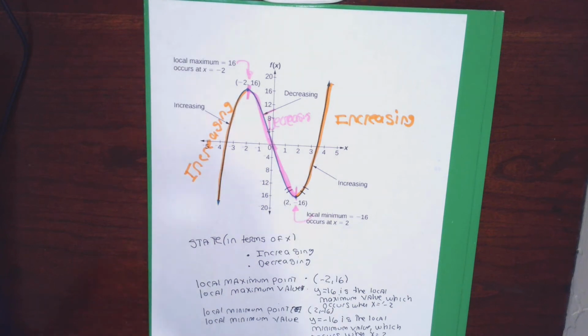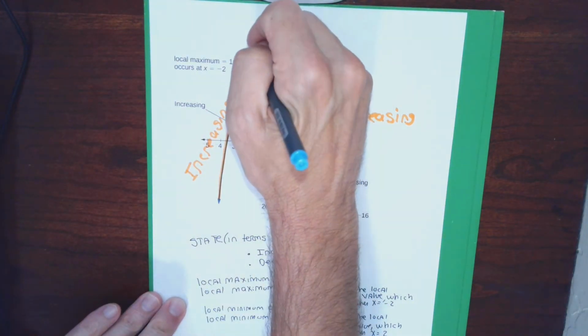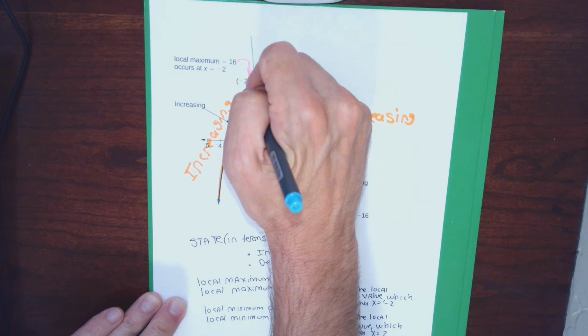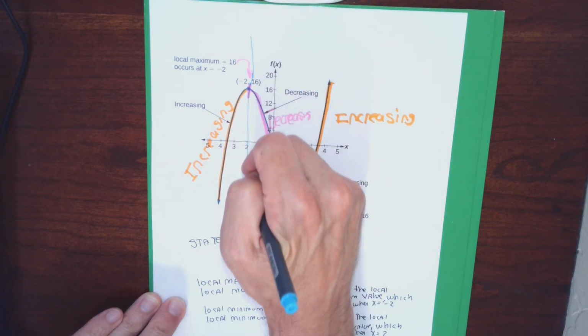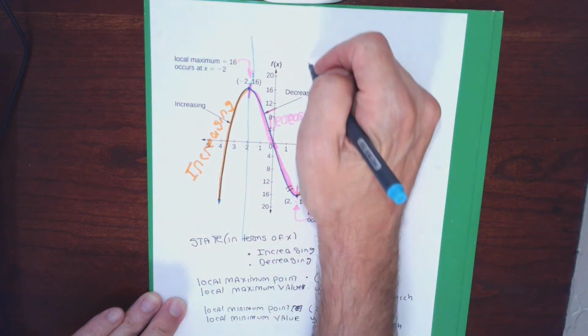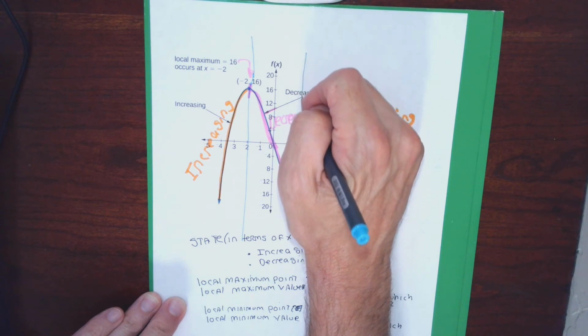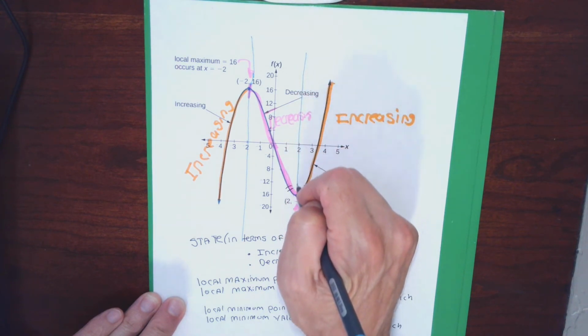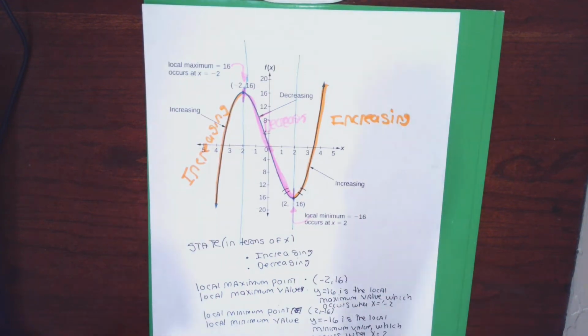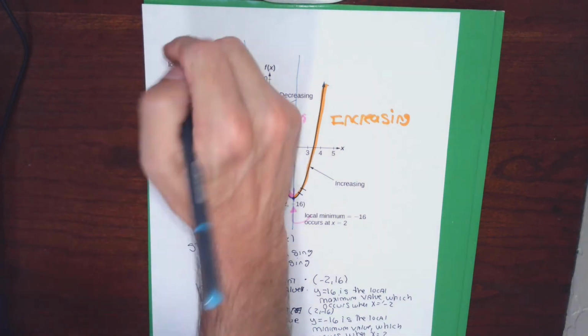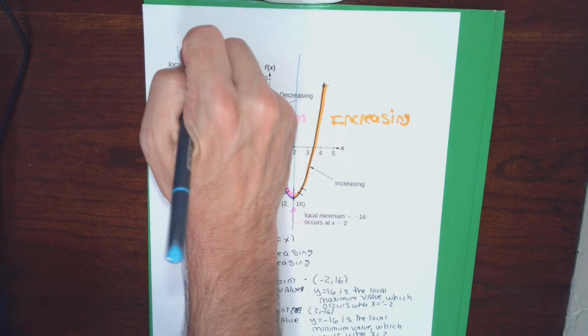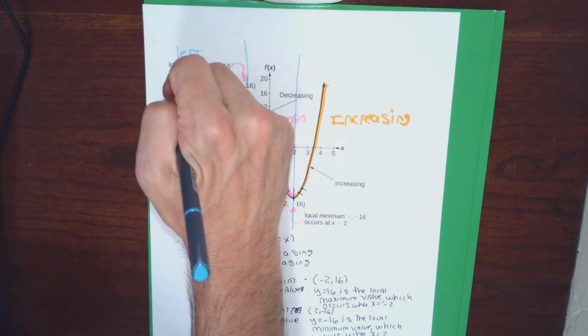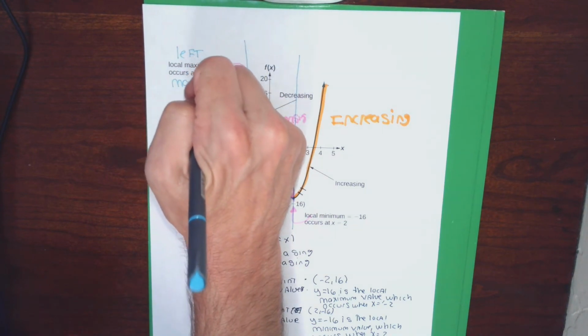I'm going to break up the graph into the segment to the left of the maximum point. I'm going to make a segment between the maximum and minimum point, and then a segment to the right of the minimum point. So there's a region right here to the left of the maximum point.